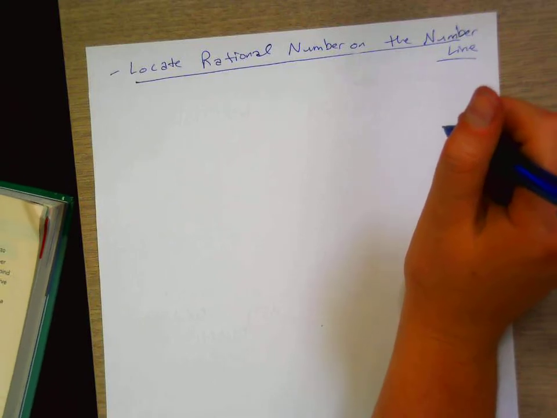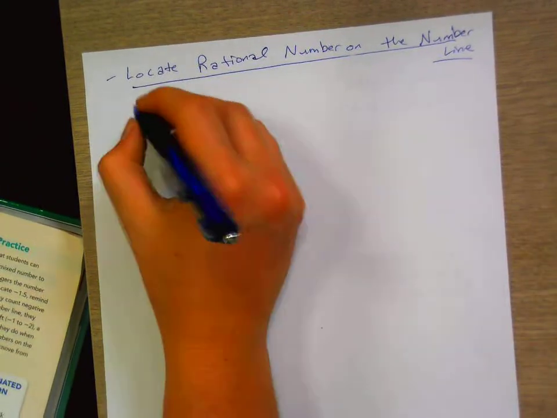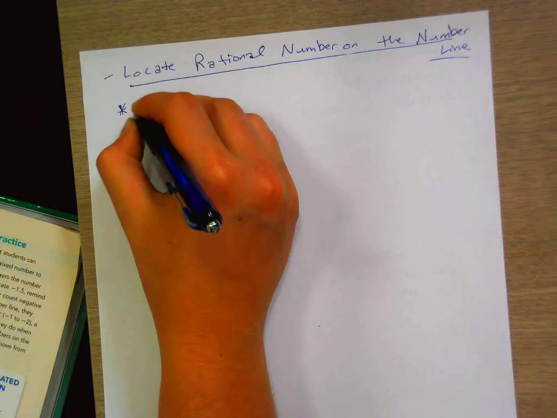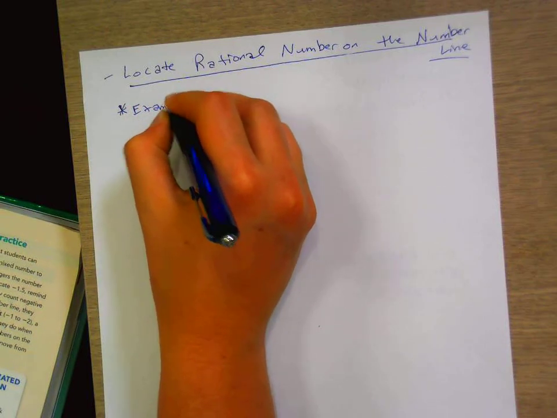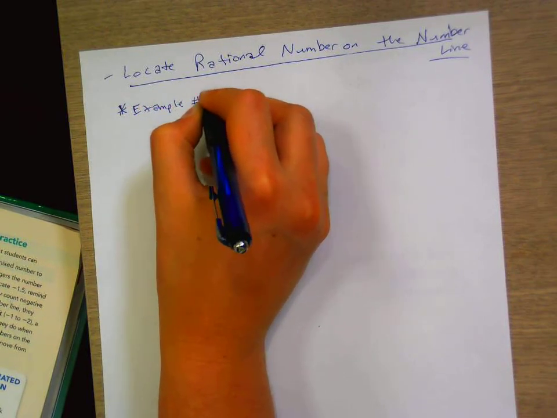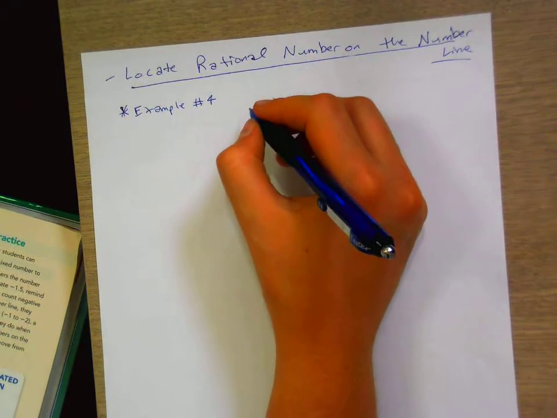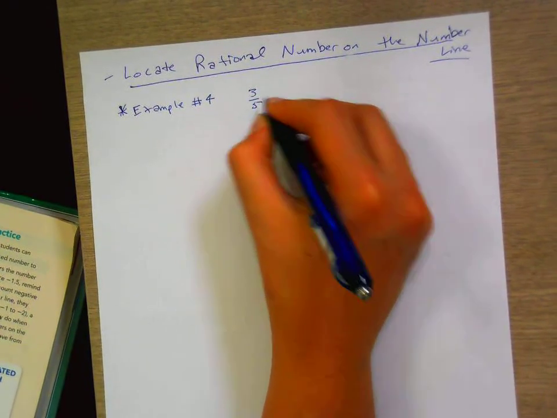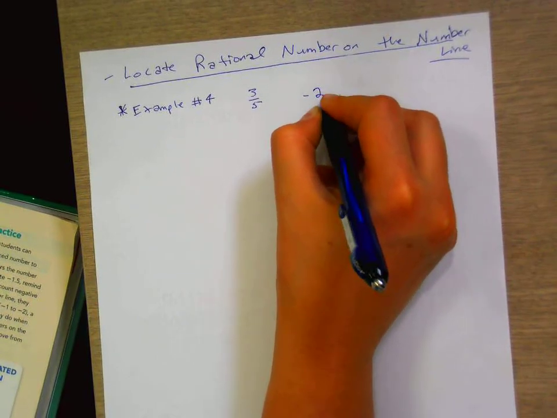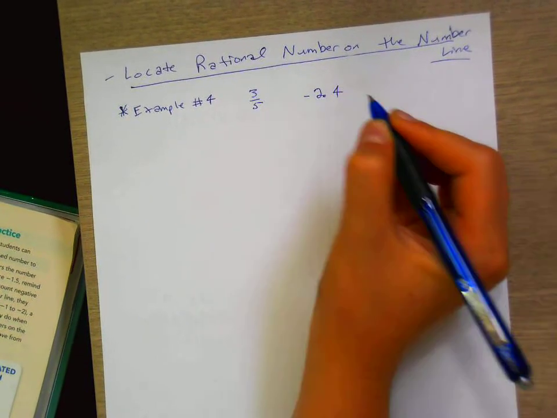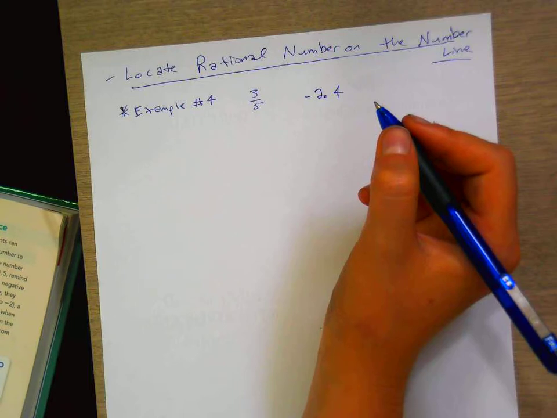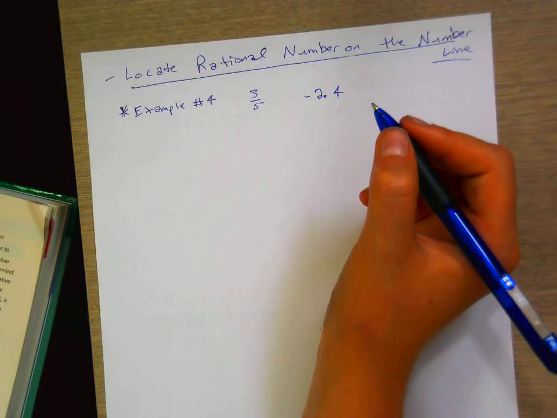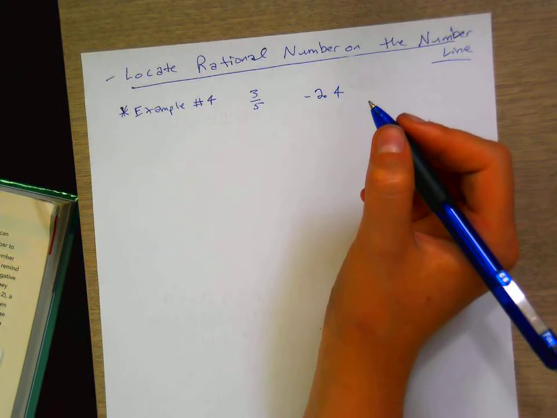Example number 4 in your book says to locate the rational numbers 3/5 and negative 2.4 on the number line. First, let's find the integers that the rational number lies between. 3/5 lies between 0 and 1.